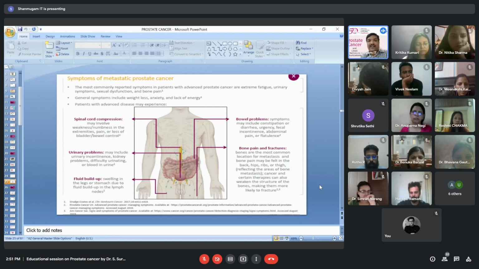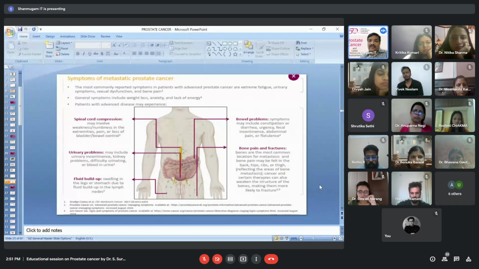It can have a spinal cord compression, resulting in weakness, numbness, urinary incontinence, or difficulty in urinating, or fluid buildup, because there can be a swelling in the leg or stomach because of obstruction of the lymphatics due to involvement of the external or internal iliac lymph nodes. And we can have bowel problems like diarrhea, urgency, fecal incontinence, abdominal pain, flatulence, or constipation.